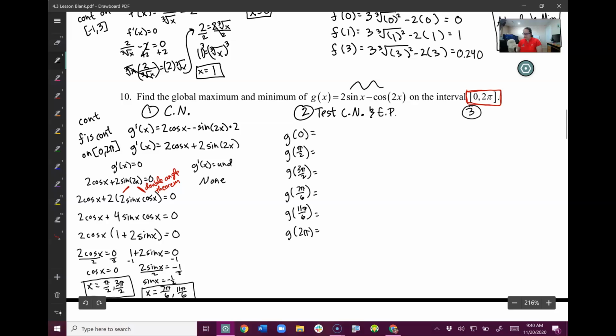Phew. 1, 2, 3, 4, 5, 6. There we go. So you're going to test all of these by plugging them in to our g. And you're welcome to use a calculator for this part. So I'm going to pause the video, have you solve all of those, and then we'll see what our answers are.